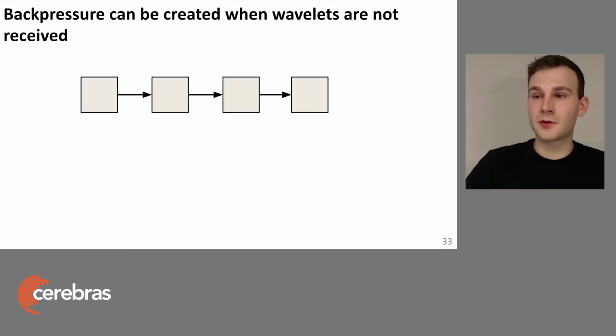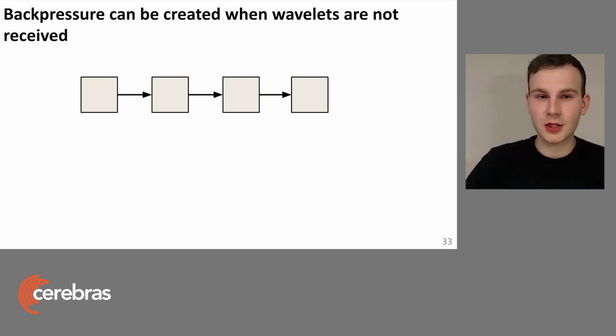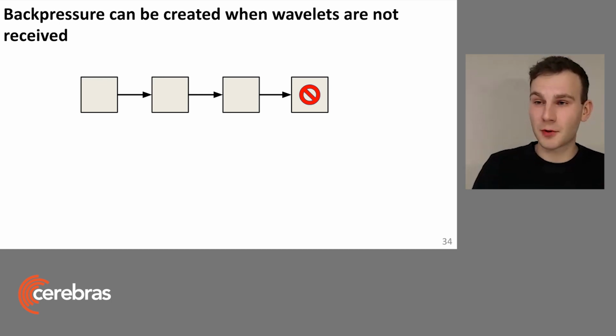And to figure that out, we have to look at a concept called backpressure. So as we already said, we have a data flow architecture. Everything is triggered when data arrives at a processing element. And what happens when a processing element is busy? For example, we still do some computation and we cannot really receive any more data.